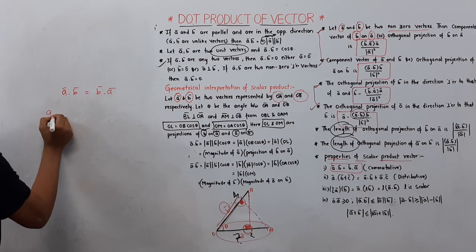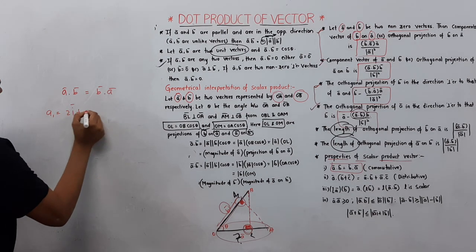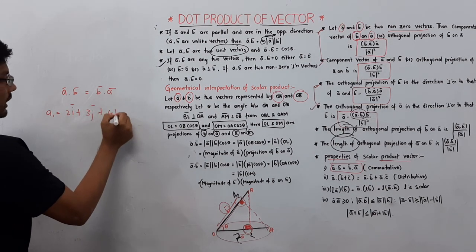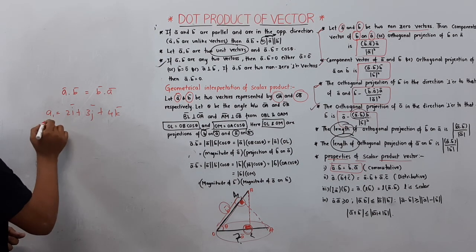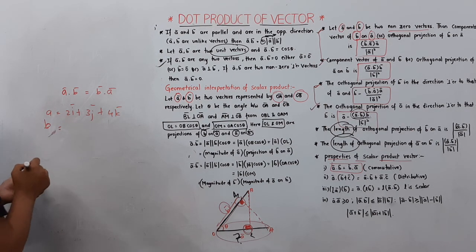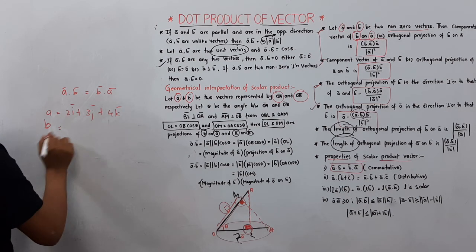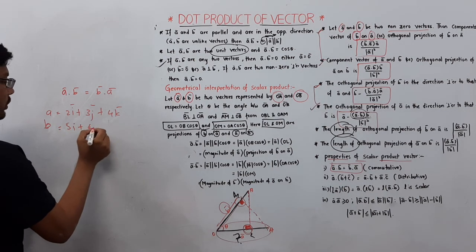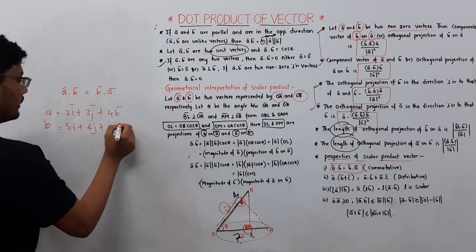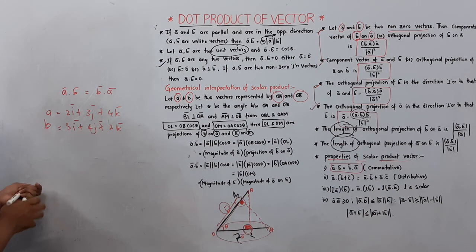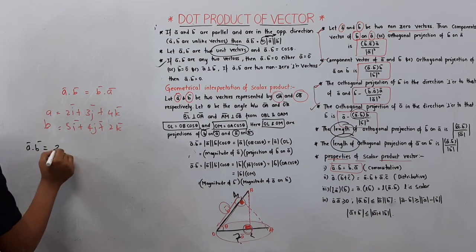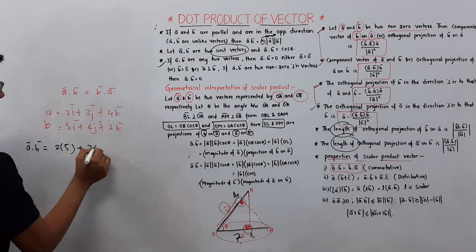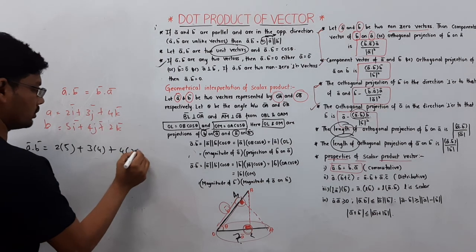For example, you can take A is equal to 2i plus 3j plus 4k, and B is equal to 5i plus 4j plus 2k. So, let us multiply A bar dot B bar: 2 into 5 plus 3 into 4 plus 4 into 2.